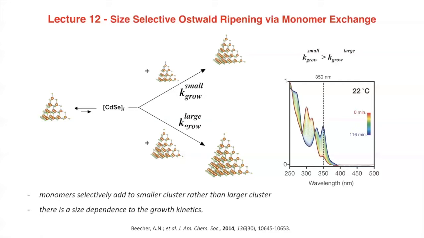Okay, and so this is telling you that this Ostwald ripening process that is dictated by the energy of forming a surface is selective for the small pyramid. It dissolves the small pyramid preferentially, and the monomers attach to the small pyramid preferentially. And so a natural consequence of this is that small crystallites are more reactive toward growth than large crystallites are.